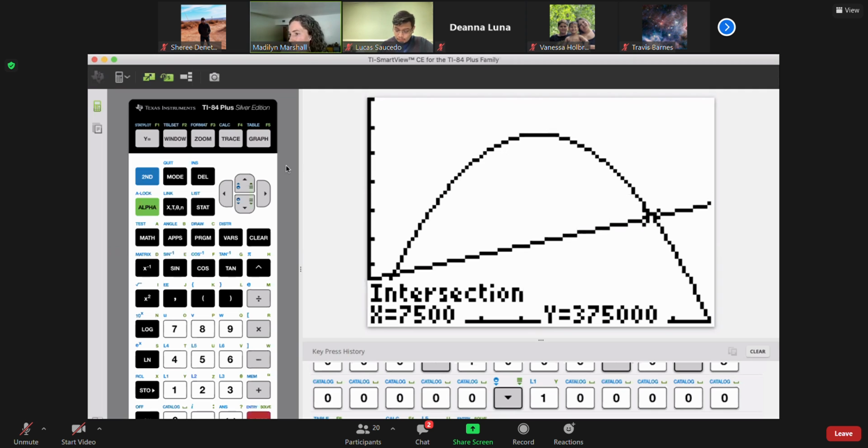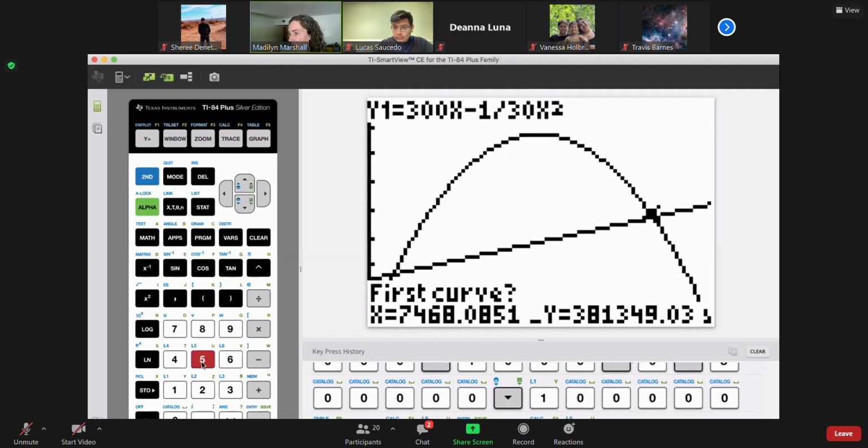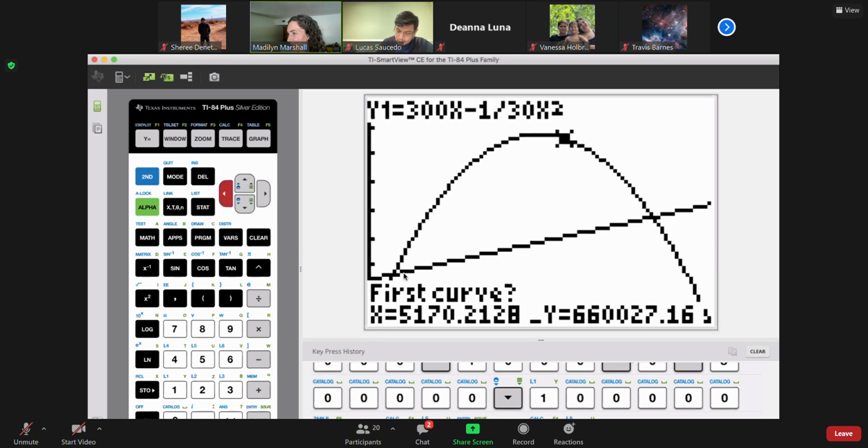If you're on the TI, we have to go through that same process of second trace for calc, intersection, and then we just have to scoot the cursor closer to the other intersection, which can take a little bit, but we just need to make that little bug move closer.